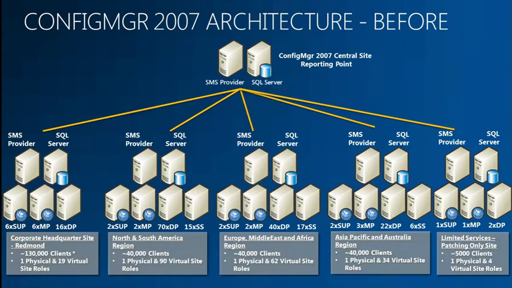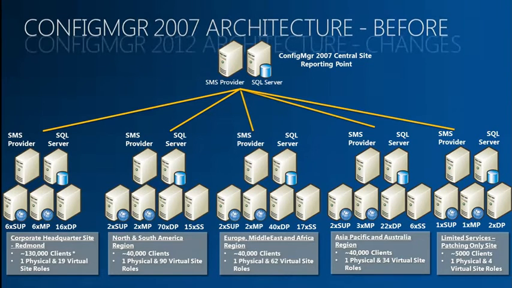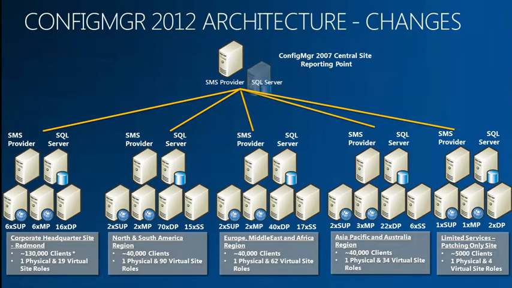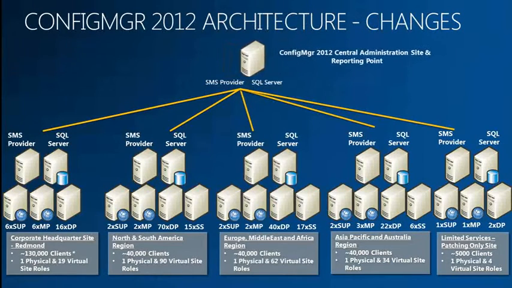Now look at what changed in 2012. What did we change in this architecture? The first change: we removed the remote SQL server for the CAS. The reason is that we looked at the architecture change. There is no inbox processing happening on the CAS, the central administration site, because all the primary sites are now sending SQL replication data.